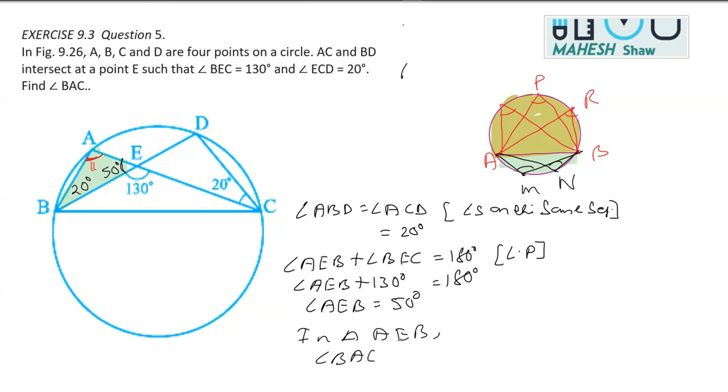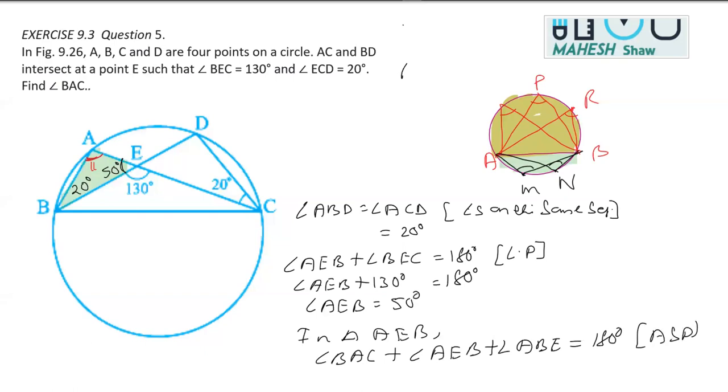So this is angle BAC plus angle AEB, plus, we got two angles, right? Now we need the third, that is angle ABE. The sum of these three angles will be equal to 180 degrees, and the reason is the angle sum property.